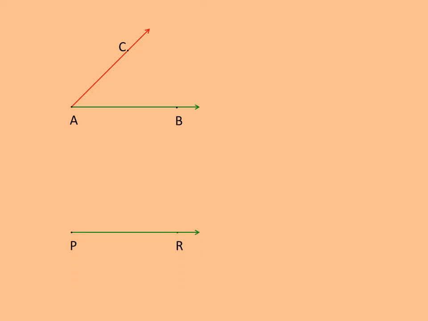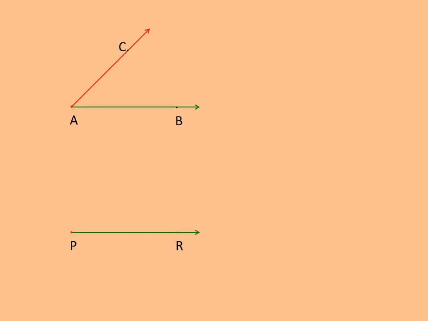To construct an angle congruent to angle CAB which is given to us, we need to draw a separate base ray PR, as you have seen here, of any length. Now we need to take care from point A. See here, the red point has come.